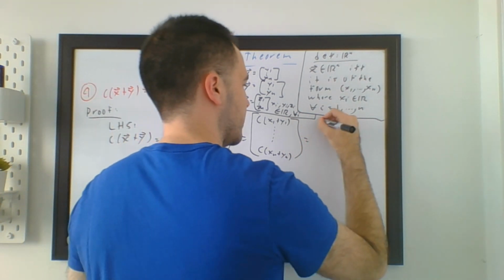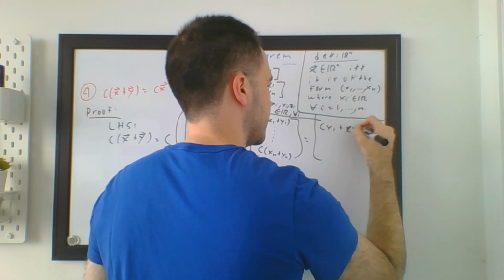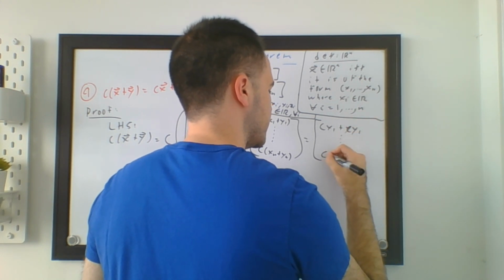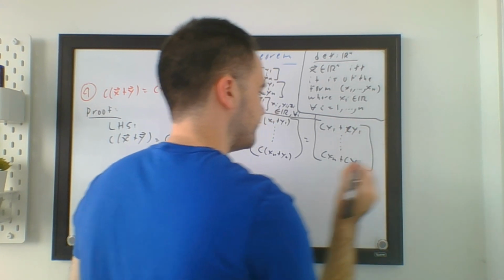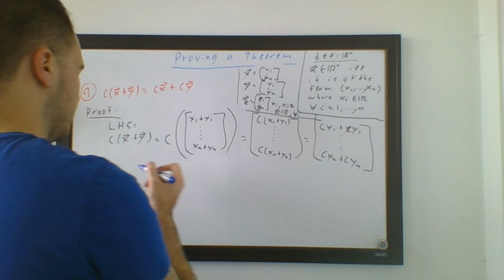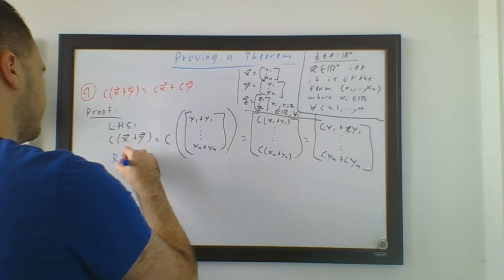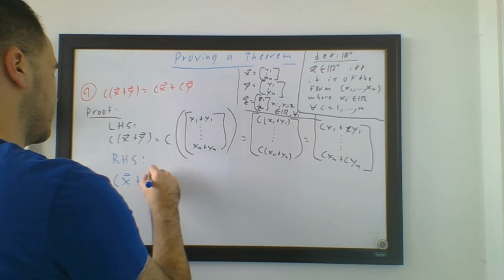And then breaking these apart, which will make the second part easier, is cx1 plus cy1 all the way down to cxn plus cyn. Now let's do the right-hand side. So, for the right-hand side, we have c times x plus c times y.